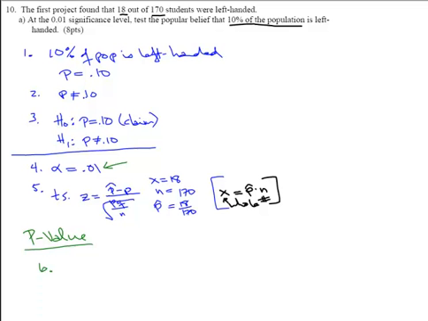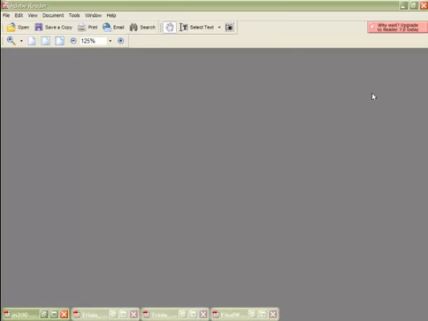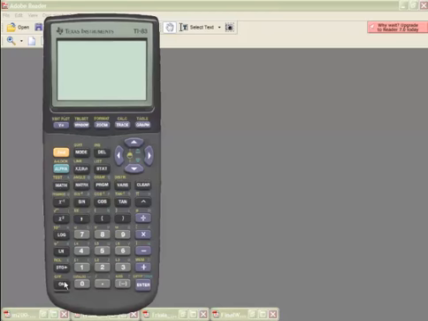And for the p-value, we will actually use a calculator to find our p-value. So let's take out our calculators.